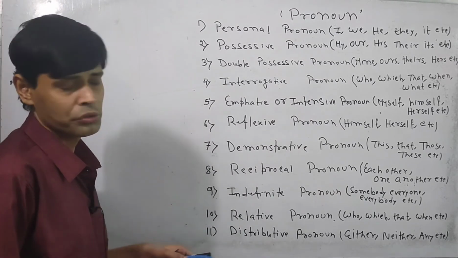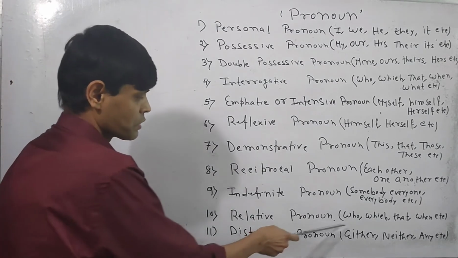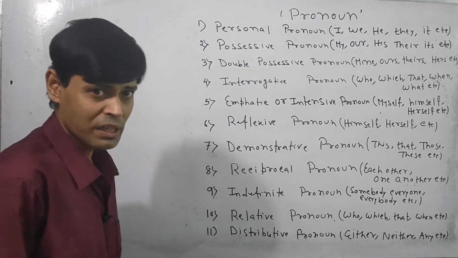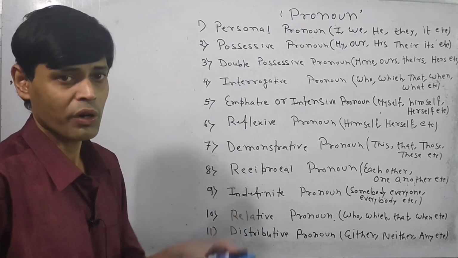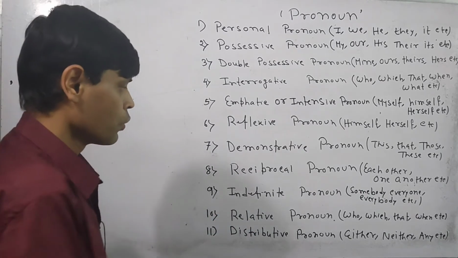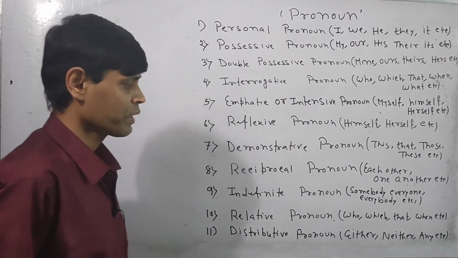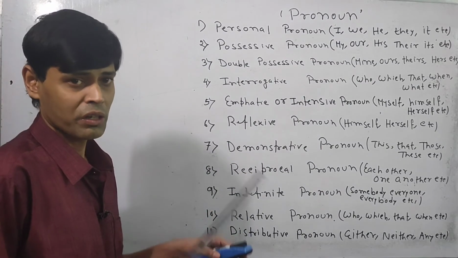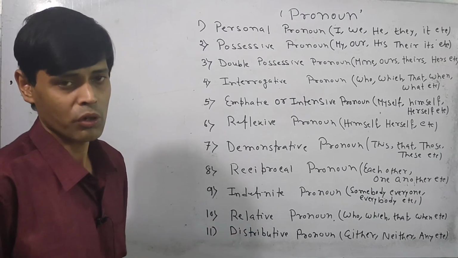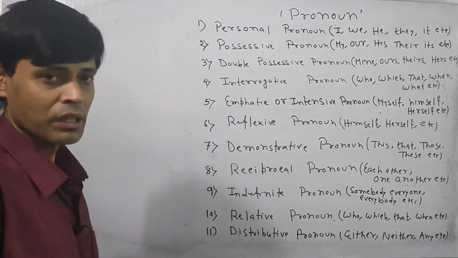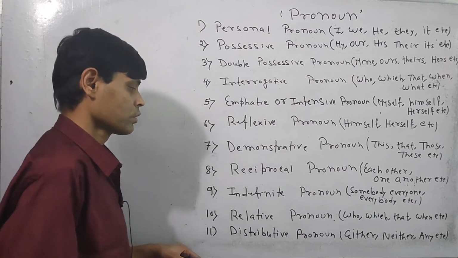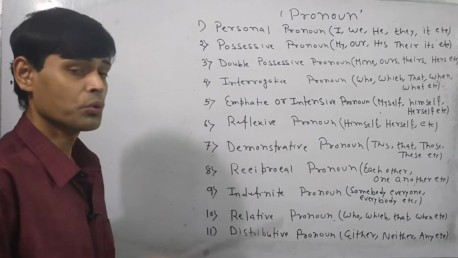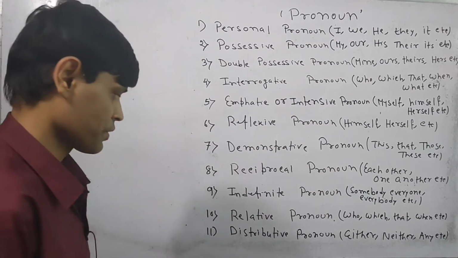In short, whenever words like who, which, that, when become a part and parcel of some relative clause or adjectival clause, again I am repeating, they should be taken into account as relative pronouns in those sentences.